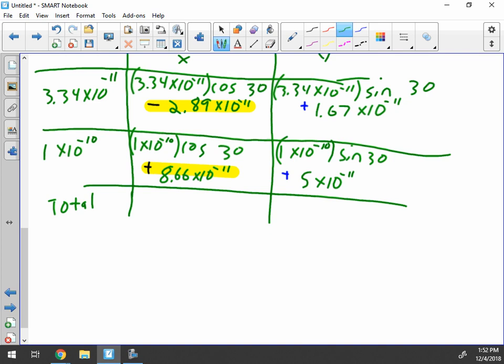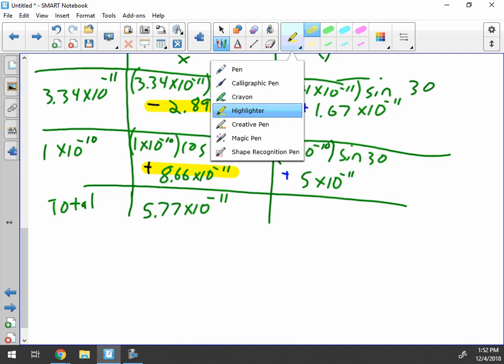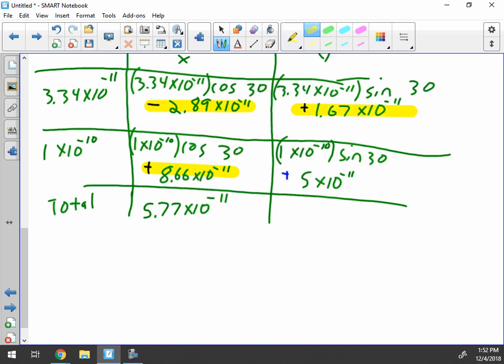So I put that in the calculator, I get 5.77 times 10 to the negative 11 when I add them together. And then I'm going to add together this guy and this guy. And I put those in the calculator, and I get 6.67 times 10 to the negative 11. All right, so those are my total resultant forces in the x direction and the y direction.